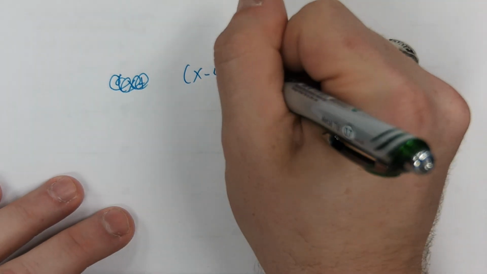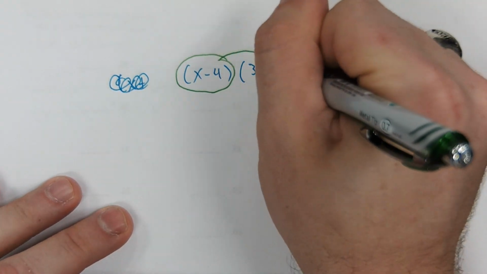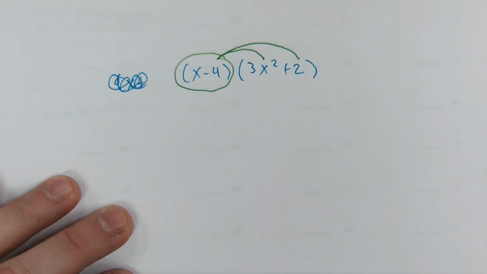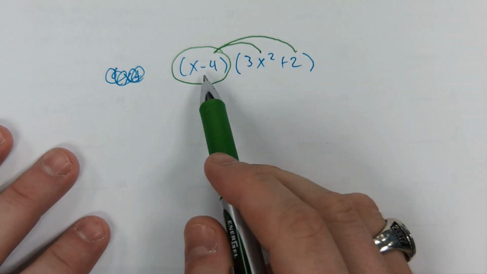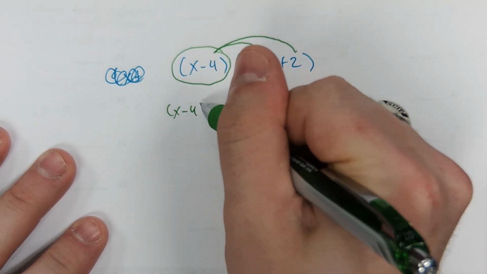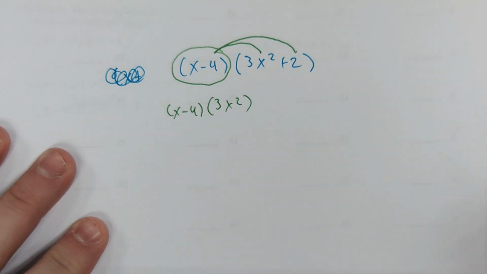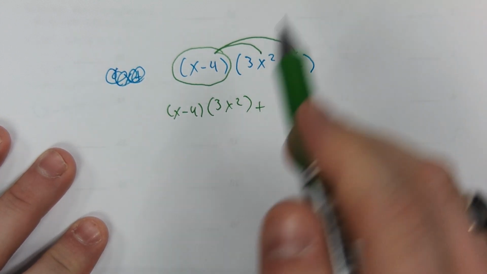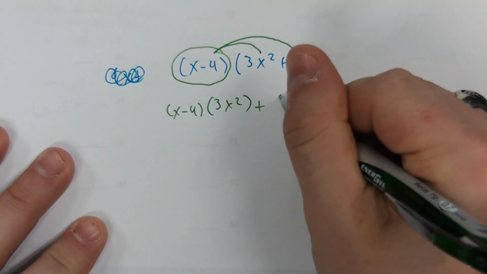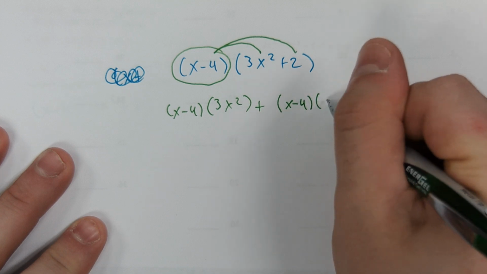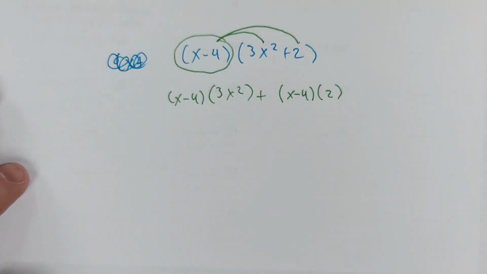I want to take this thing, distribute it to here and to here. When I do that, I'm going to have an x minus 4 being multiplied to this 3x squared plus this x minus 4 being distributed to this 2. But the order of multiplication doesn't matter.